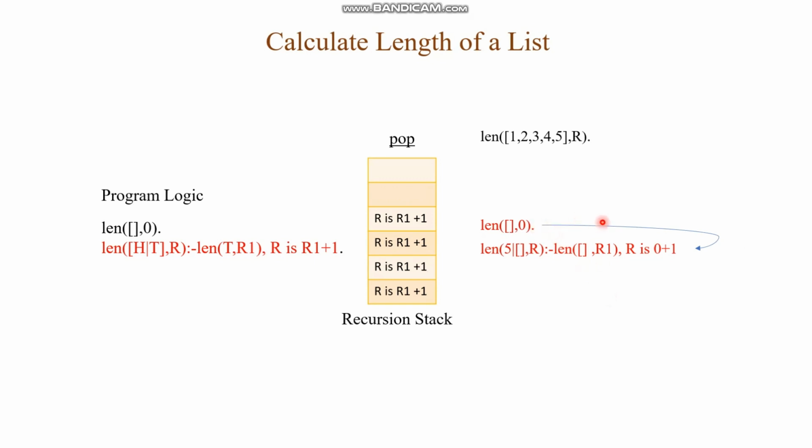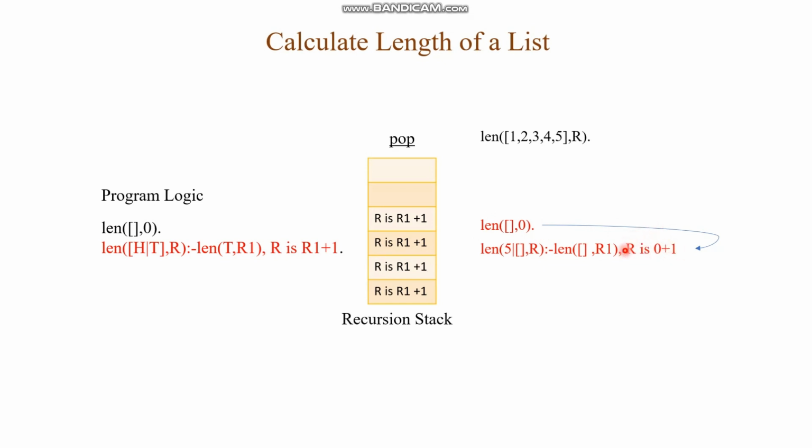Now this 0 has been passed into r1, and once r1 becomes 0, the last recursive stack element is popped out and its value is calculated. We have already received 0 from the base condition for r1, so now 0 plus 1 will be calculated and stored in r.